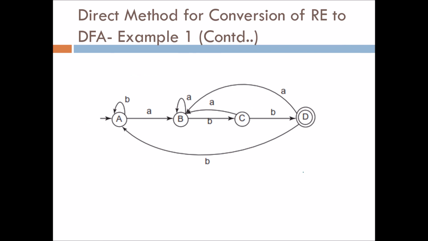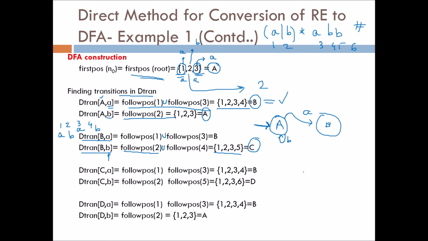Now to find the final state, as I mentioned in the starting, this hash has a particular importance. This hash has number 6. So look at all the states where 6 is present.